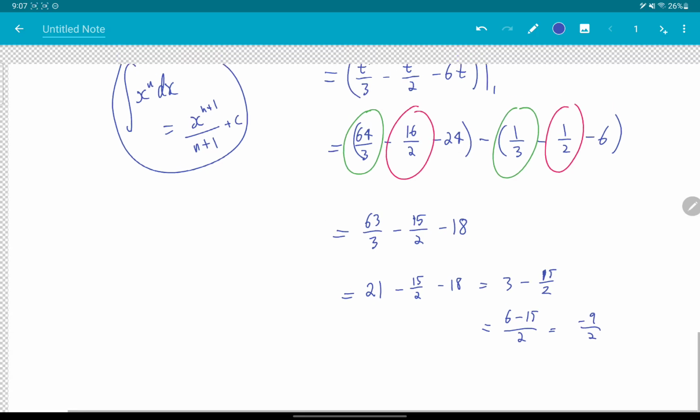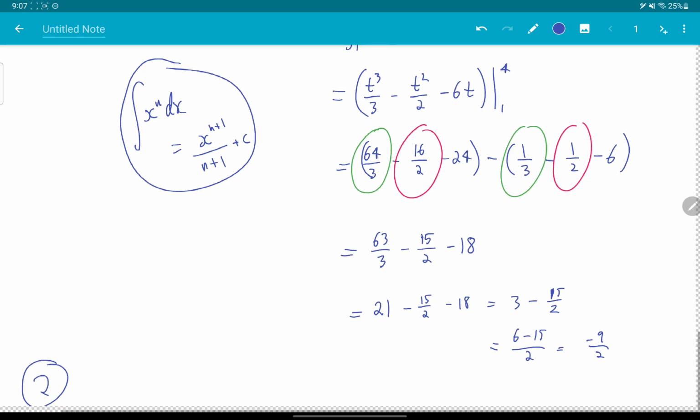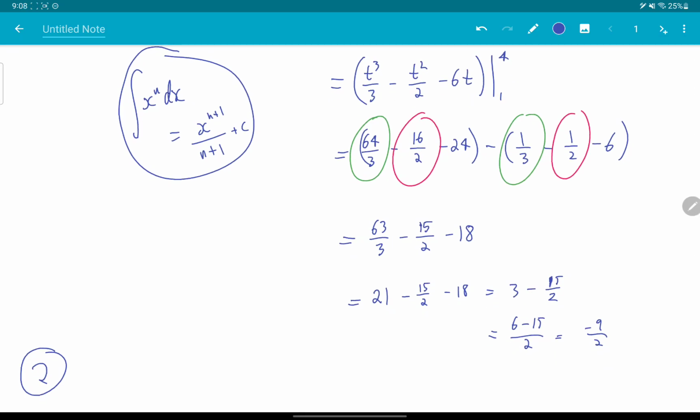What is happening here? So when I do number 2, where I'm interested in the total distance traveled, remember displacement is a vector, and distance is a scalar, or just a value without a direction. So distance traveled should be positive, so I have to be more careful here.